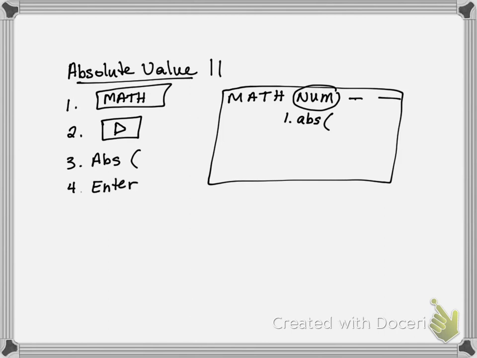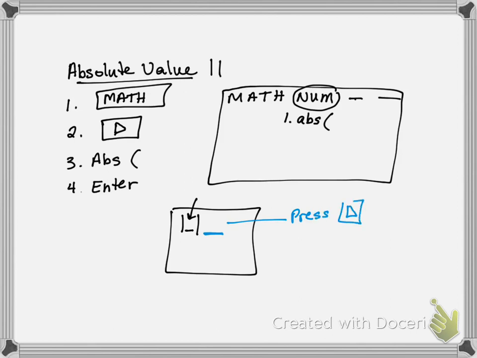Usually what's going to happen is that on your main screen, it's going to have the absolute value symbols and a little cursor. After that, you just type what you want inside the absolute value. Now, sometimes there's some stuff outside the absolute value, like out here. If you want to get outside the absolute value, you have to press the right arrow key to stop it.